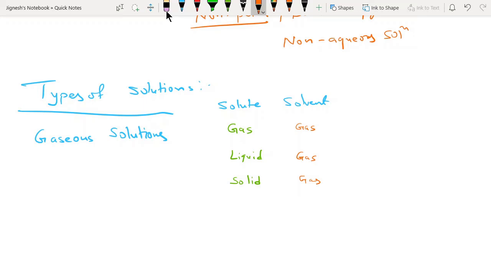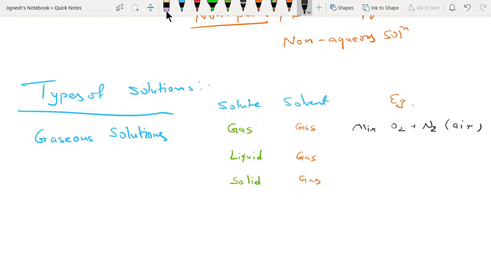And here we have examples for them. These examples are very crucial for us, as they can give 1 mark in a question asked in MCQ or fill in the blanks. A mixture of oxygen plus nitrogen, or you can say air. No doubt in air different compounds are also present.